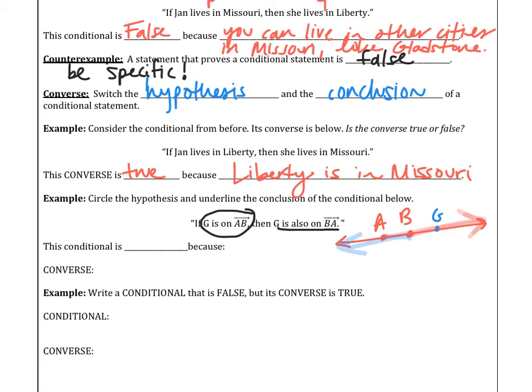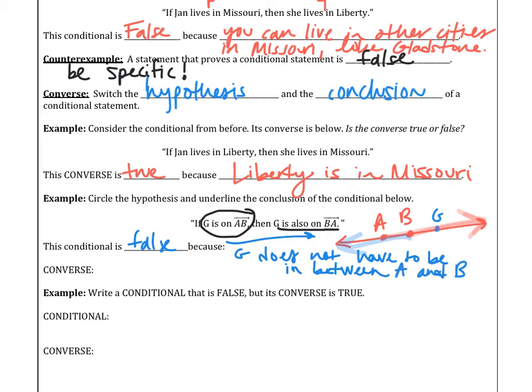Well, that's not necessarily true, because to be on AB, it doesn't have to be in between them. So this is false because of what we see here. So this picture, false because, let's explain it, G does not have to be in between A and B. So all you're doing when you're trying to find a counterexample is find one time when it doesn't work. If you can find one time when it doesn't work, then it's false, even if other times it would be true.